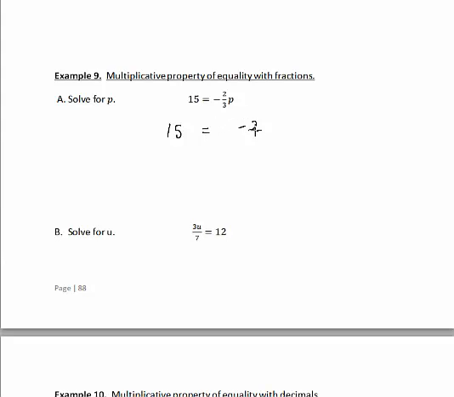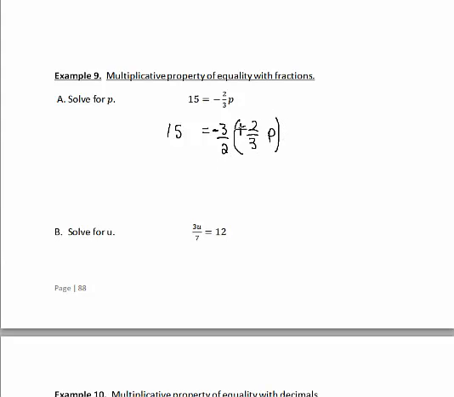And that would be to say that in order to get the p on the right by itself, we would simply need to multiply by the multiplicative inverse of the negative 2/3, which would be negative 3/2. We simply flip the fraction upside down and keep the same sign.